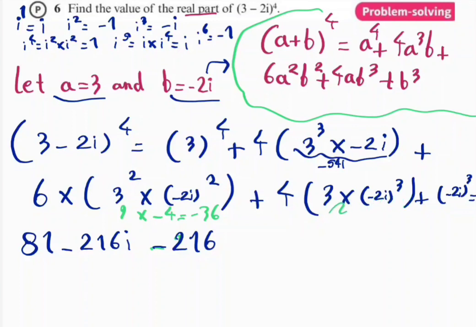So for this bracket, we have 3 times (minus 2i) cubed. So minus 2 cubed is minus 8. i cubed is simply minus i. So minus i times minus 8 is 8i, which is 24i, and that times 4 is 96i.